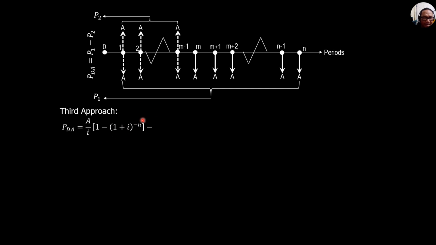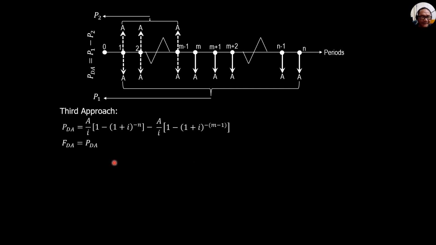It is complete. Then minus A over i, quantity 1 minus quantity 1 plus i to the negative of quantity m minus 1. And I do not memorize this. I'll just explain how to analyze situations like this deferred annuity. So that's my way of analyzing it.